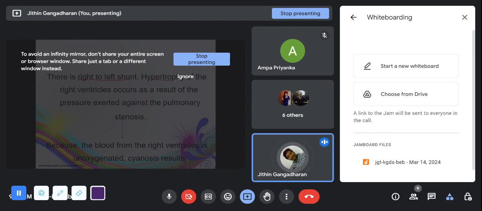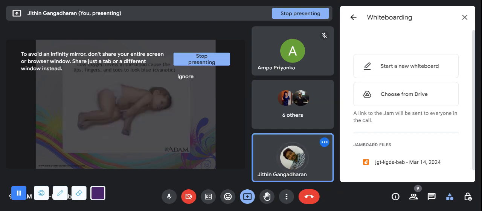Hypertrophy of the ventricles. I said what is the reason for the hypertrophy of the ventricles. The blood is unoxygenated and cyanosis results. Clear? Low oxygen level. We have two types of cyanosis: central cyanosis as well as peripheral cyanosis.